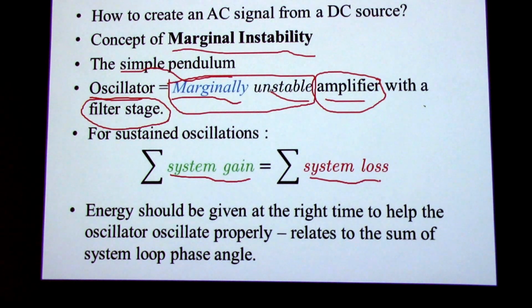The last point is that you have to add the energy at the right moment to help the oscillation go on, just like the pendulum we mentioned. It relates to the sum of the system loop phase angle, which defines the right moment.